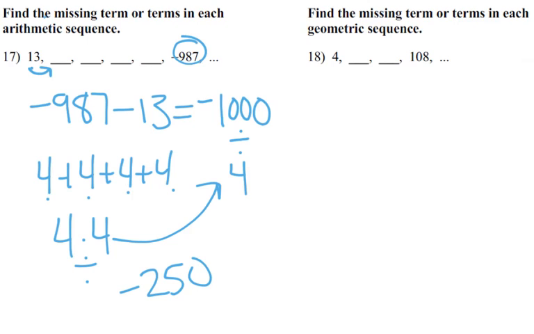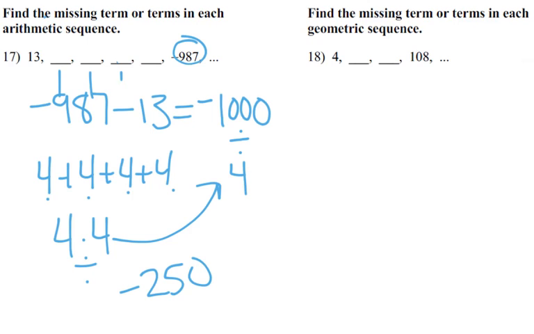So 13 minus 250 is negative 237 minus 250 is negative 487 minus 250, negative 737 minus 250. Oh, we did something wrong, didn't we? And I was leading you guys astray. So much for checking my answer.